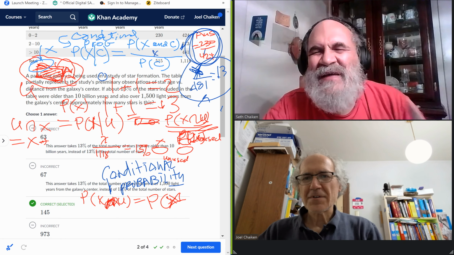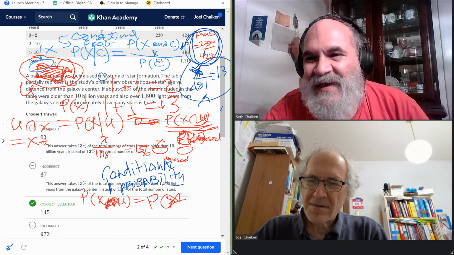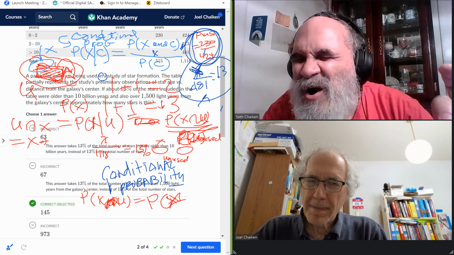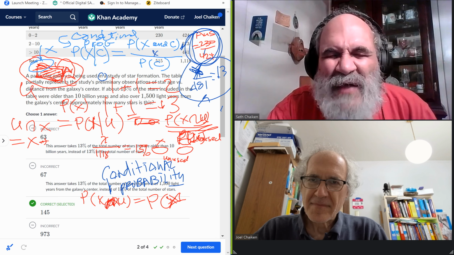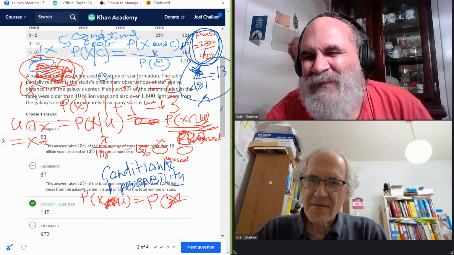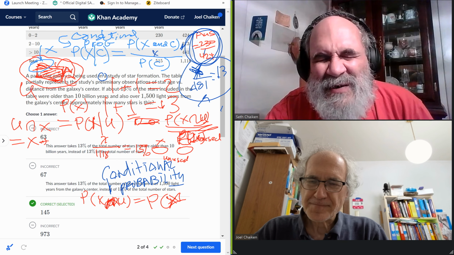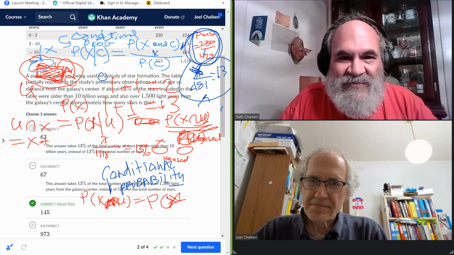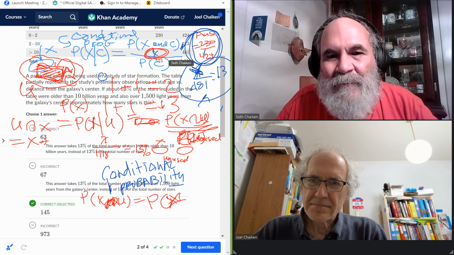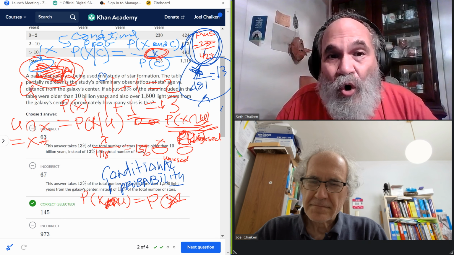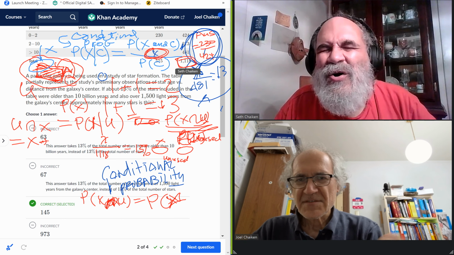In the problem on the board, the probability that you're given, 13%, is the probability that a star is in this category among all the stars in the whole table.